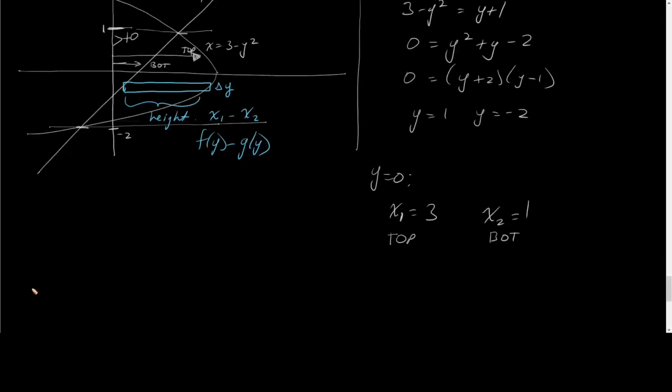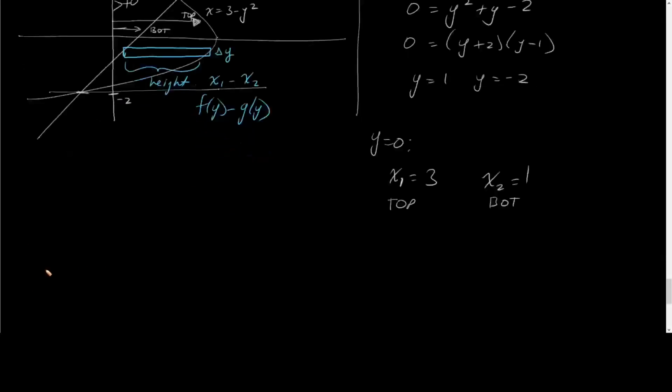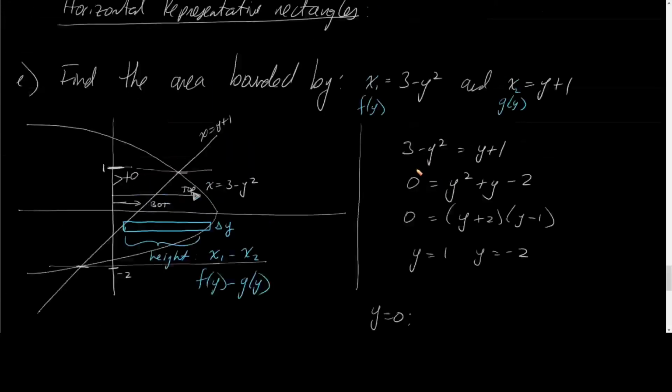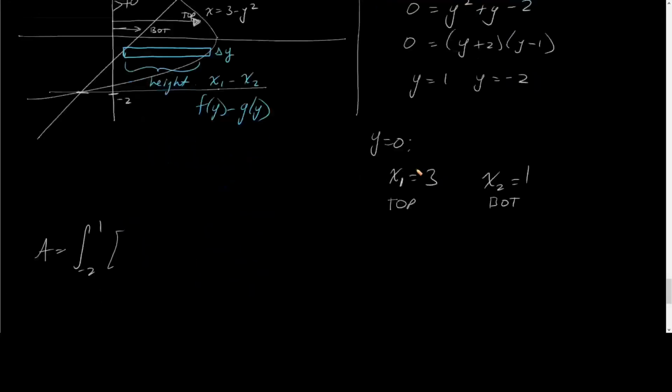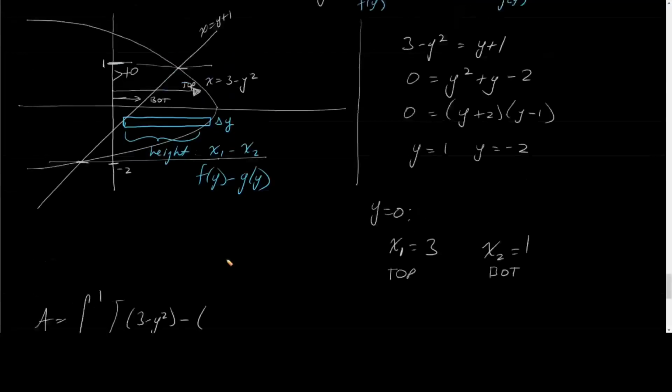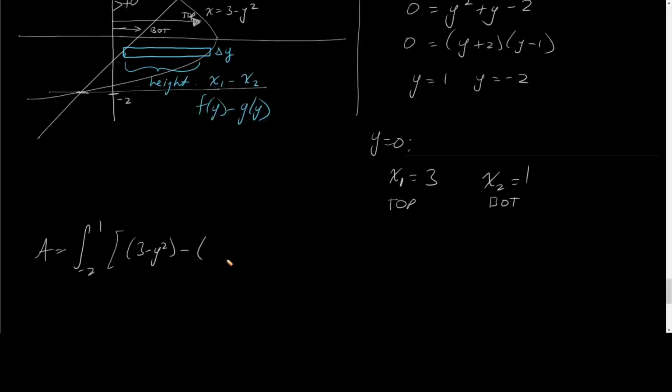Now we can do the integral. So we're going to say the area is the integral from negative 2 to 1 of the top function, which we said was x sub 1, which is 3 minus y squared, minus the bottom function, which we said was x sub 2, which is just y plus 1.